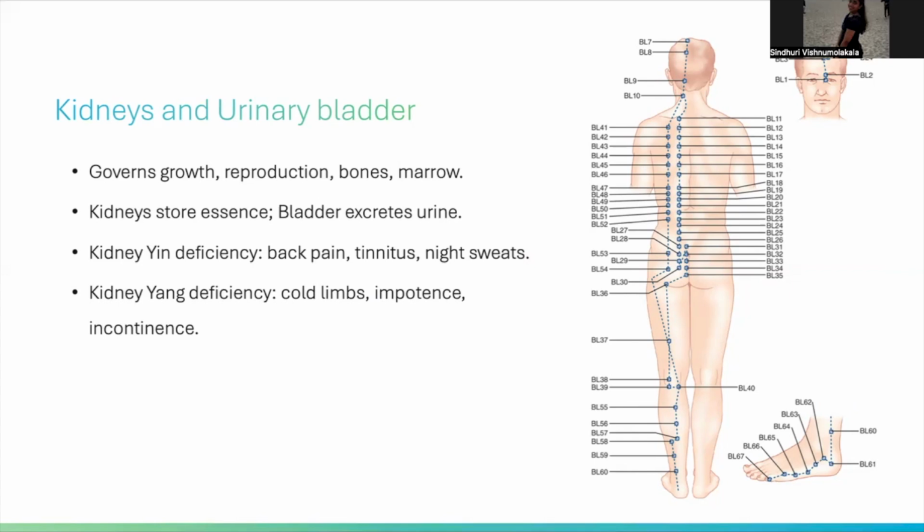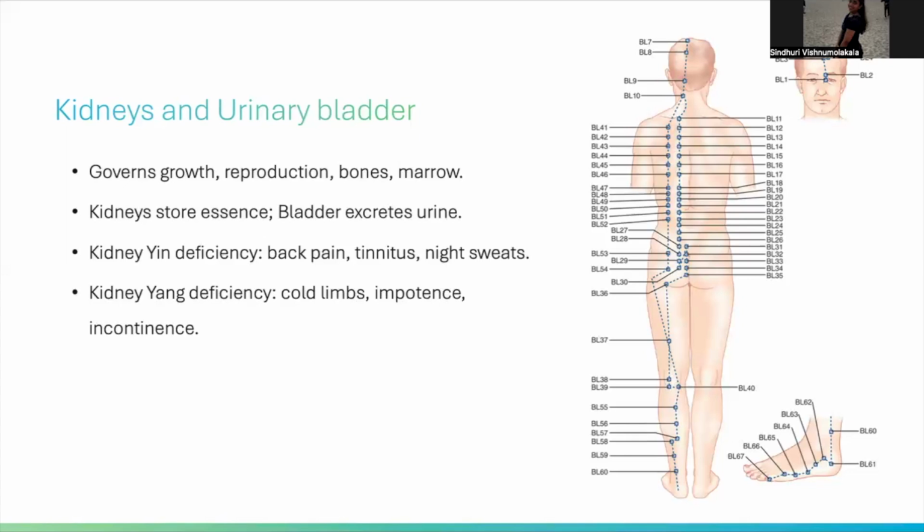The kidneys are the storehouses of congenital yin and yang. As I told, they represent the reproductive function, so they are the congenital yin and yang. Diseases of the kidney might lead to problems in other organs as well. So, strengthening the kidney is crucial to maintain vitality.